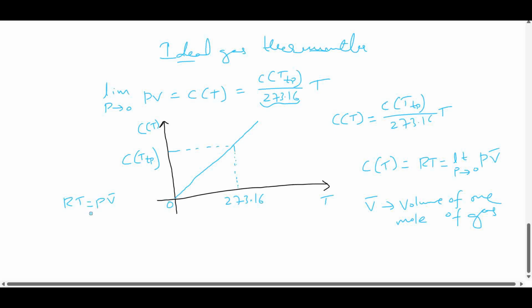So this will be deviated, and this is the property of ideal gas. For ideal gas, even if pressure is not 0, this condition will still hold true.